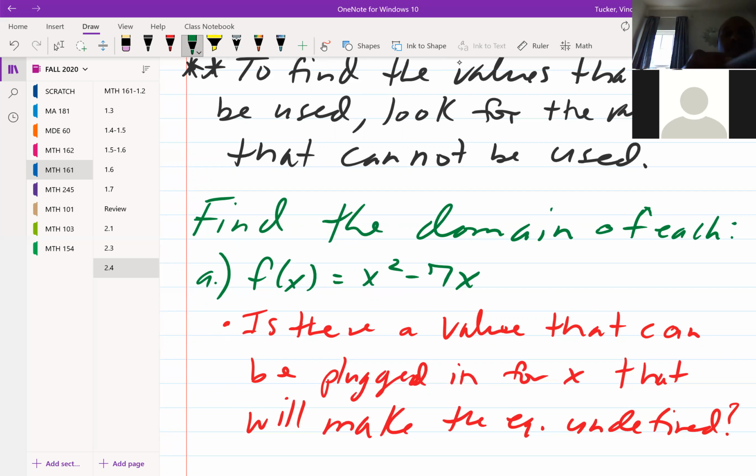Since that's the case, the domain is going to be negative infinity to infinity. I can use every value for x. There's nothing I cannot use in this equation. And of course, that will not be the case for every equation that we have, but that is the one for this.